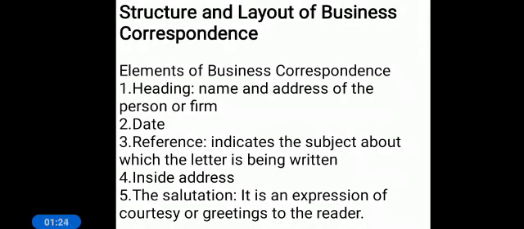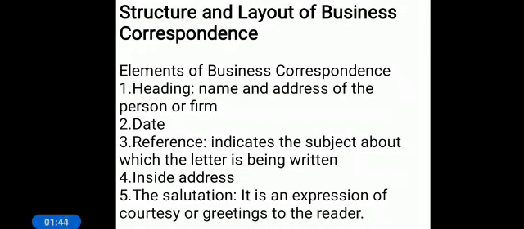Okay, so heading includes name, address. In addition to that, telephone number, email, fax number, or nature of business. Okay, and second one is date.